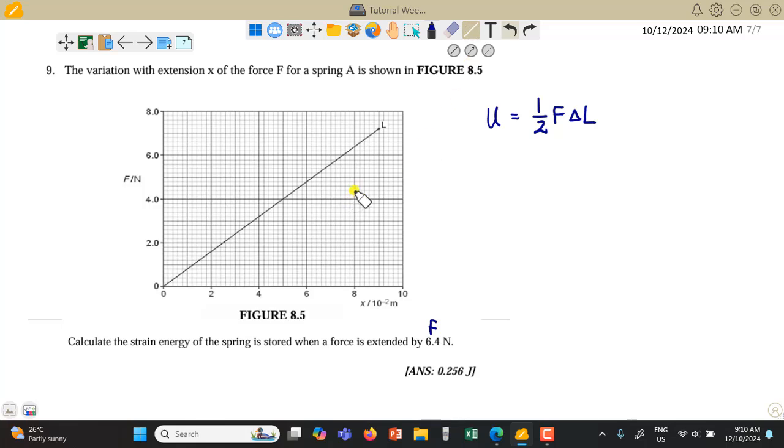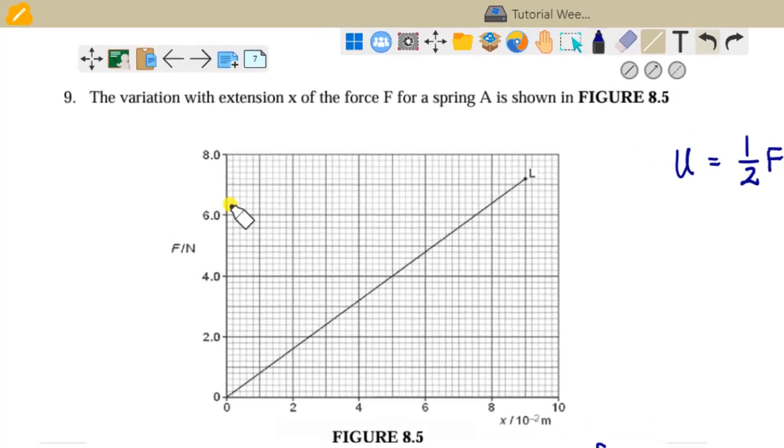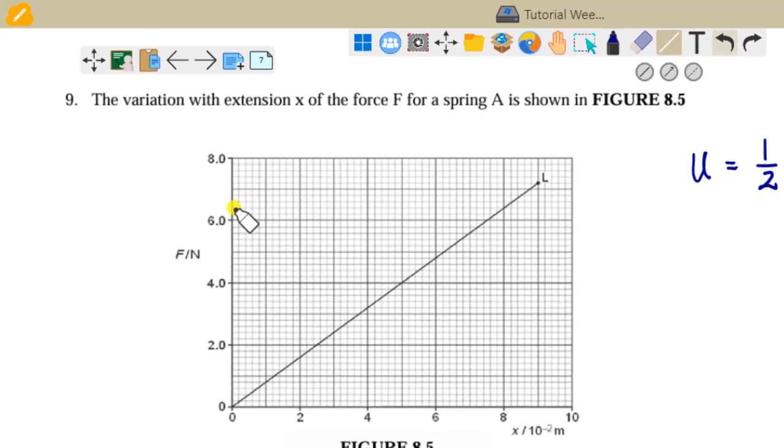So we can refer to the graph given. When my force is 6.4, okay, 6.4 is here. So if we refer to the graph at force 6.4 Newton, I try to read the value of extension obtained.